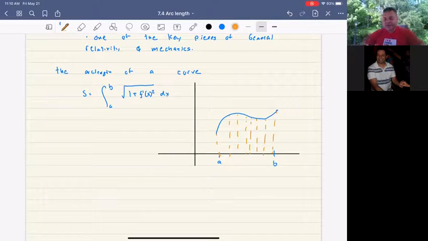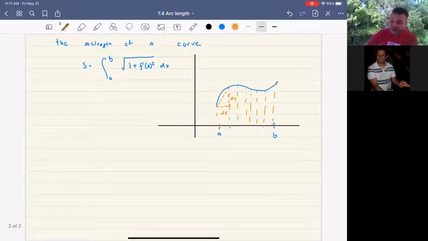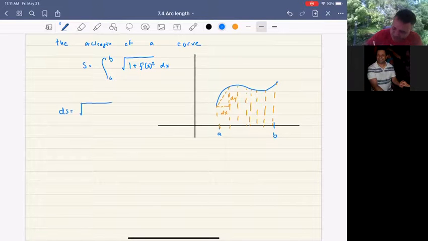And then here, the arc length is given by sort of the Pythagorean theorem. So let's take this to be dx. This is dy. So really what we have is this thing called ds, which is the differential arc length. You don't really need to know that. And that's going to be dx squared plus dy squared.